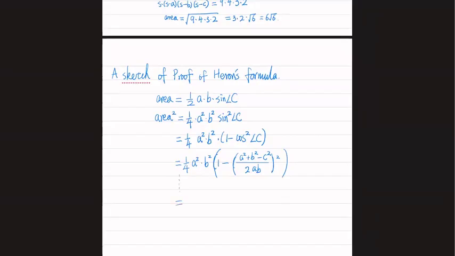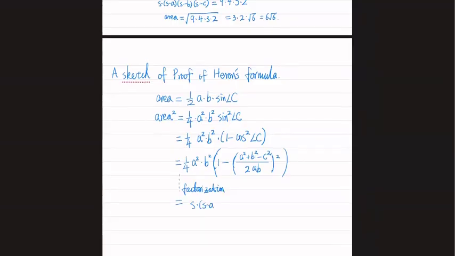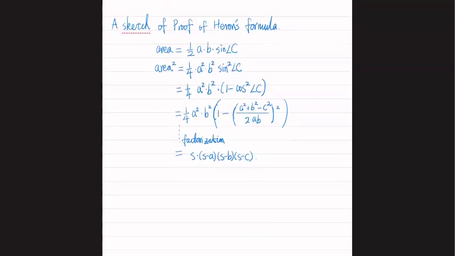I skip a few steps of factorization, and we will get S. If you are curious, you can try to fill in the gaps. If you have difficulty, you can let me know and I will tell you how to move forward. So this is the sketch of the proof.